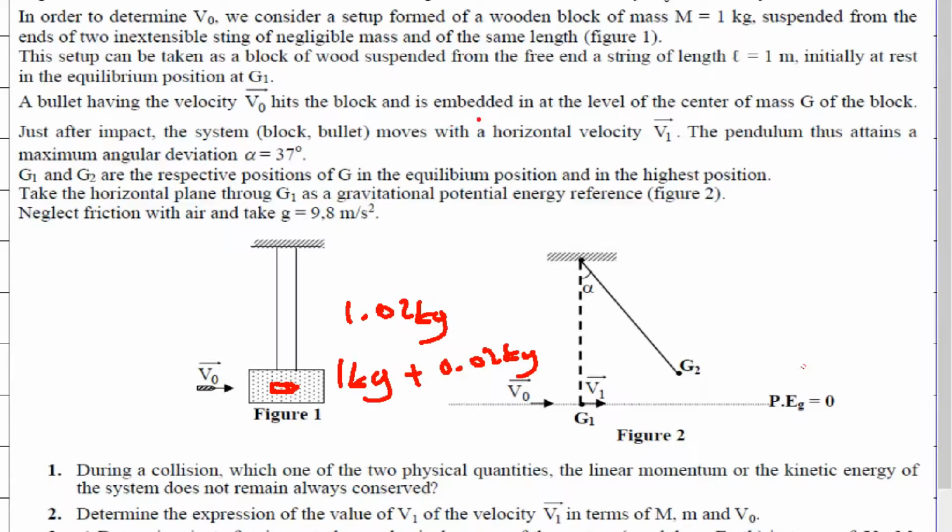Just after impact, the system block-bullet moves with the horizontal velocity v1. The pendulum thus attains a maximum angular deviation alpha equal to 37 degrees.